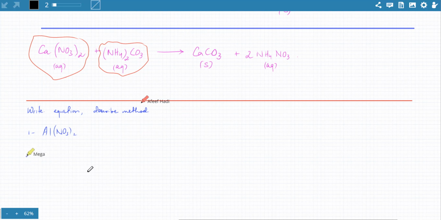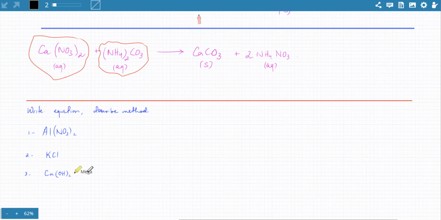Second one is potassium chloride. Third one is copper hydroxide.